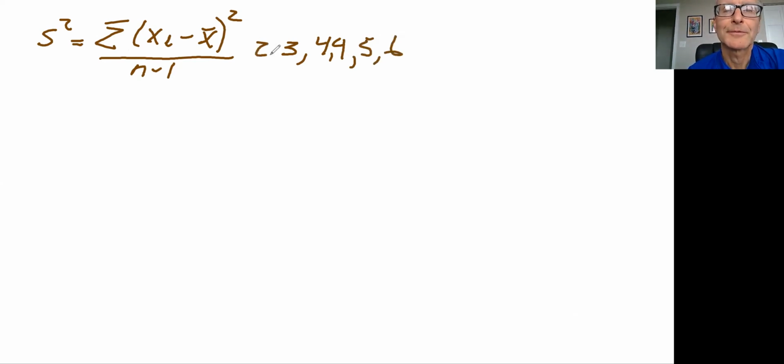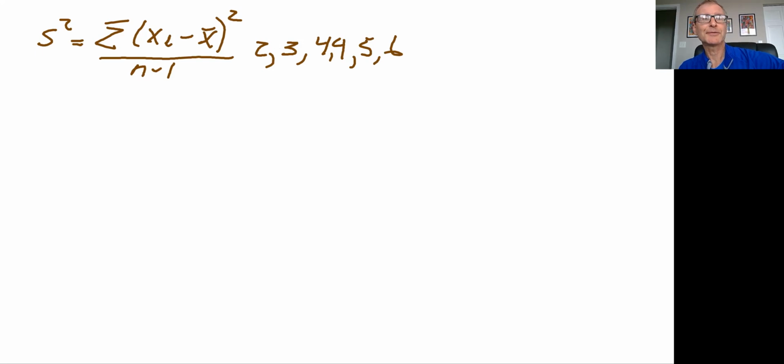Whoops, I forgot the first number, which is a 2. So what I did is put these in order. And if you look back on the slide, it says the company manufacturing batteries is testing a new type of battery for laptops, and they measure the lifetime in hours of 6 batteries, basically how long they would last, from 2 hours to 6 hours.